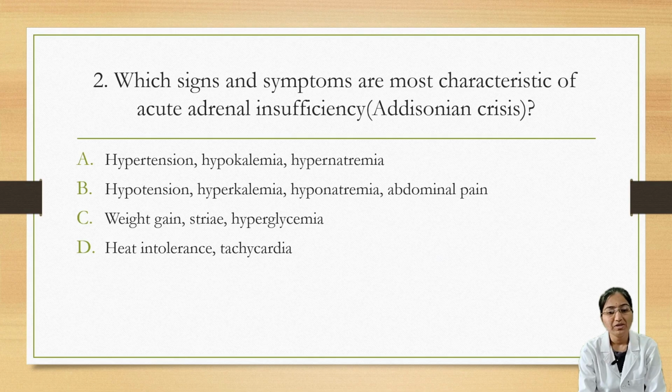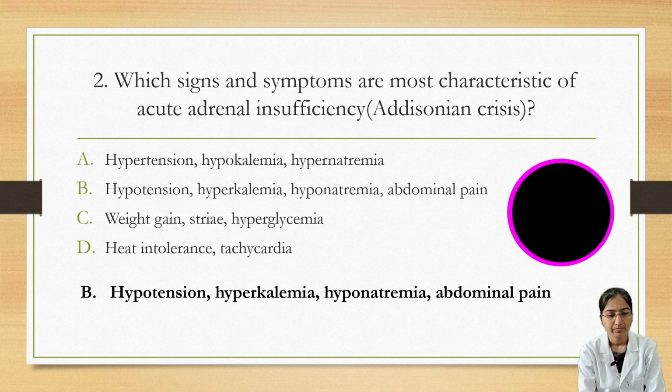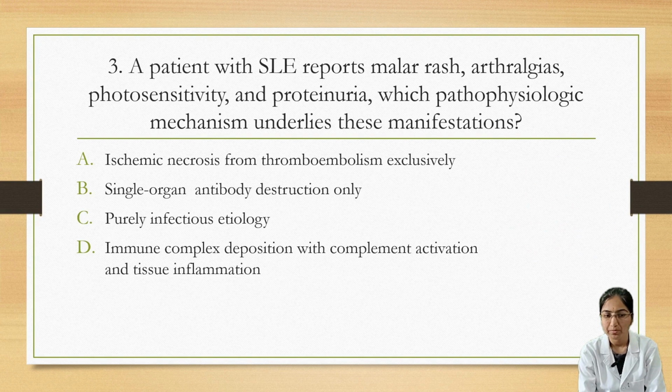Next question, which signs and symptoms are most characteristic of acute adrenal insufficiency? Right option is B, that is hypotension, hyperkalemia, hyponatremia and abdominal pain.